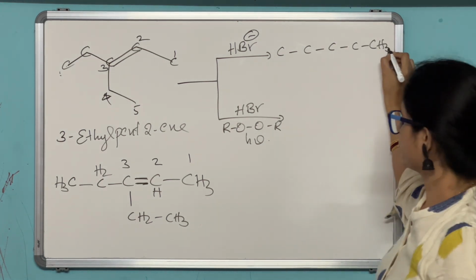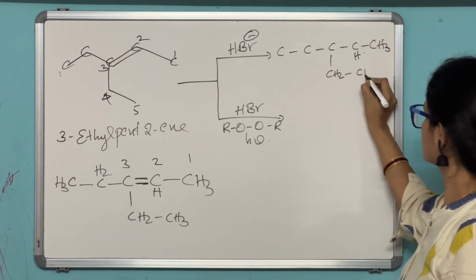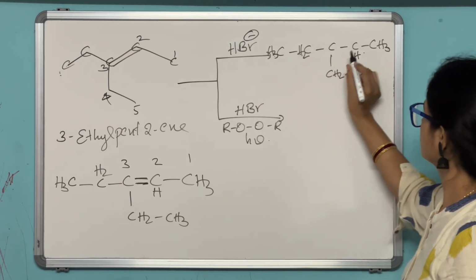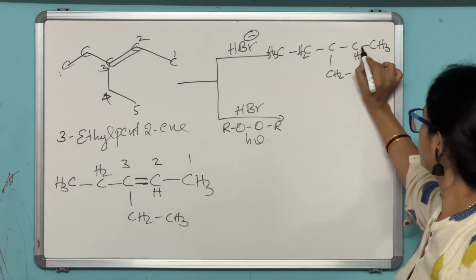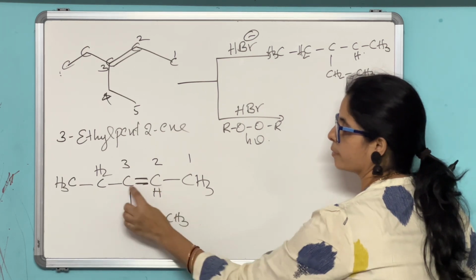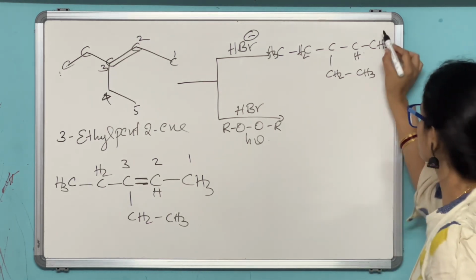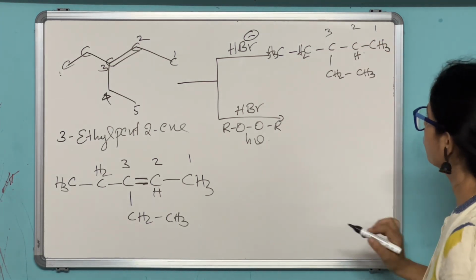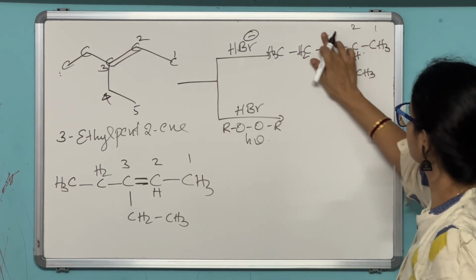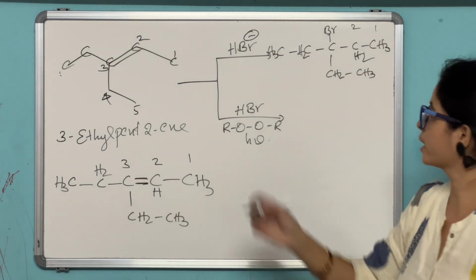It is your CH3, CH, and here is your CH2, CH3. The remaining hydrogens you place as they are, as you have just removed this pi bond. Here the negative part is added to the carbon containing less number of hydrogens, from where you are removing the pi bond between carbons 2 and 3. So at this place you have to add Br. It is your Br, and to the other place CH2. This is Markovnikov's rule.